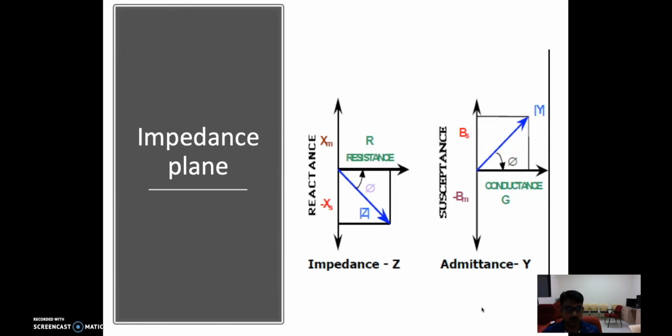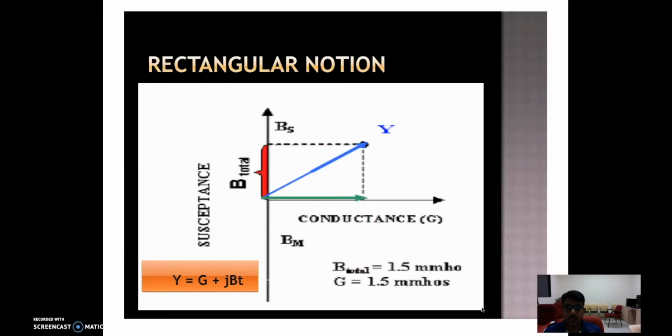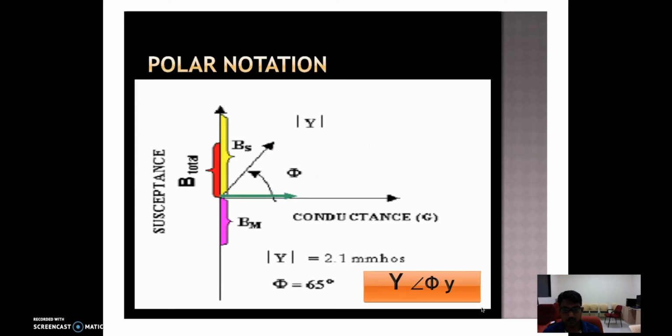The main difference is in the notation, and they are inversely proportional to each other. Okay, so this is a rectangular plot where we are considering it as the length of the triangle, or a diagonal line which is intersecting this three-dimensional plot. You must be knowing, we have discussed it before. And this is a polar notation, which is the other way of representing the same impedance.